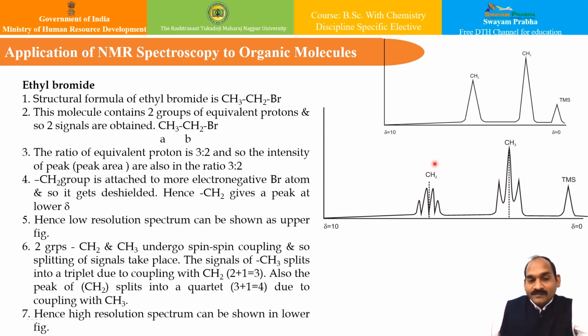At the same time, CH2 will split into a quartet, that is 3 plus 1 is equal to 4, due to the coupling with CH3. Therefore, the high resolution spectrum of ethyl bromide will look like this: a quartet for CH2 and a triplet for CH3.